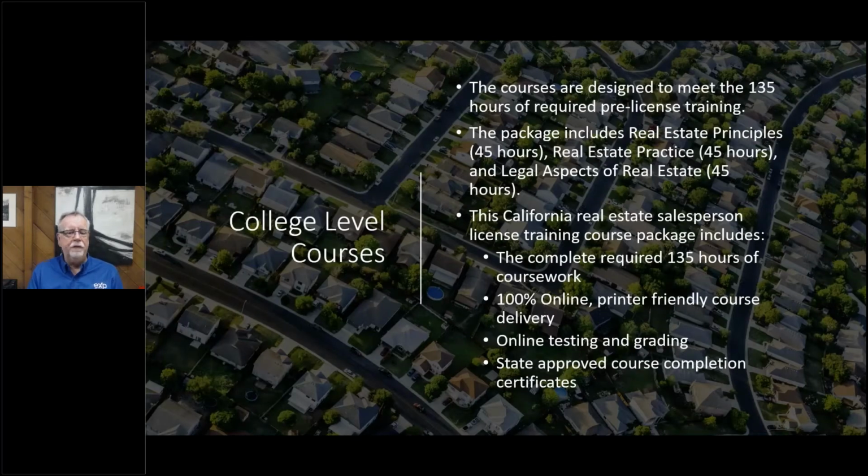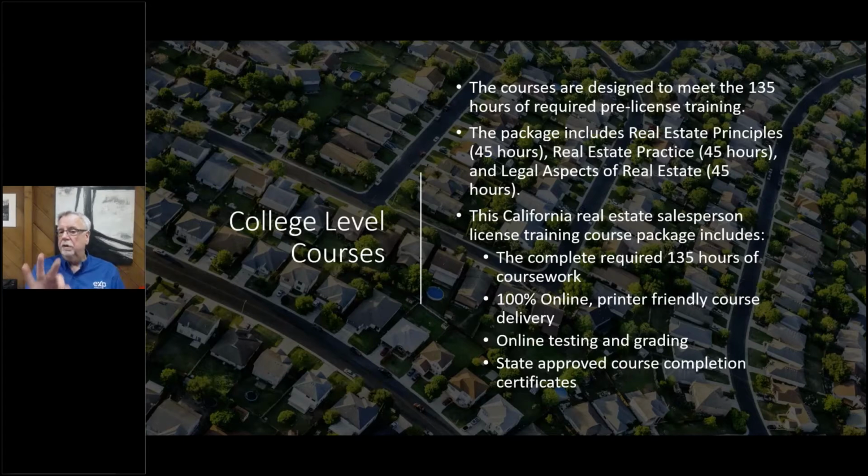So the college level courses that we offer are designed to meet the 135 hours of required pre-license training. Each course is supposed to be a 45-hour course. So principles is 45 hours, practice is 45 hours, legal aspects is 45 hours. It includes everything you need to get through those courses. The 135 hours, it's an online program, online testing and grading.